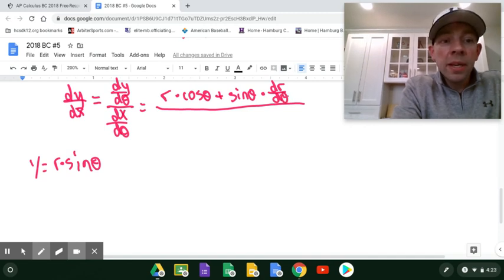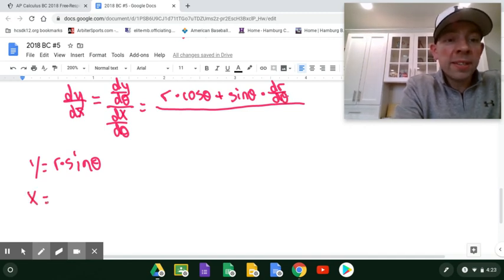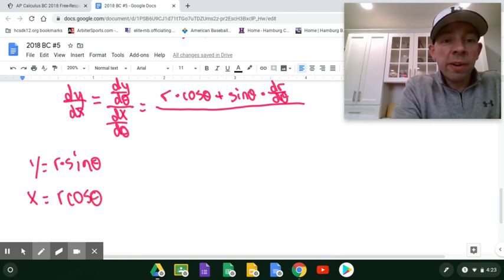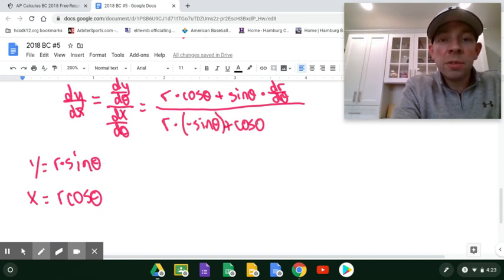Then you also have to know going into this that x is always equal to r cosine of theta. Deriving that with the product rule gives r times negative sine of theta, which I'll put in parentheses because of the negative, plus cosine times the derivative of r. So that's my version of the product rule.